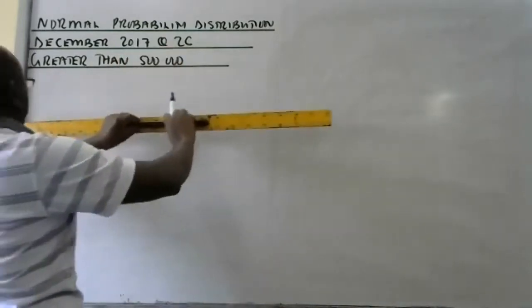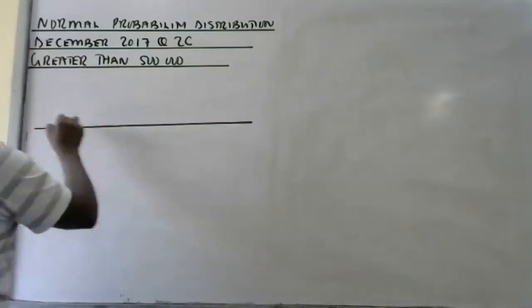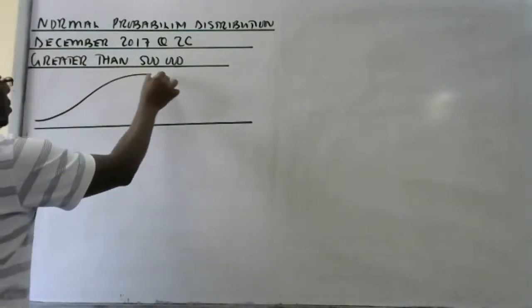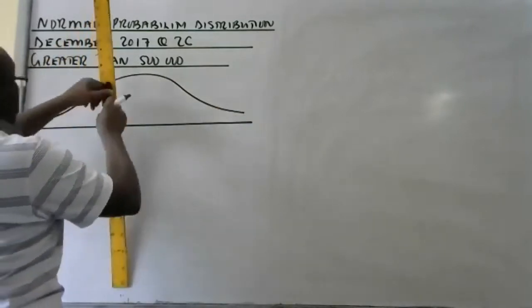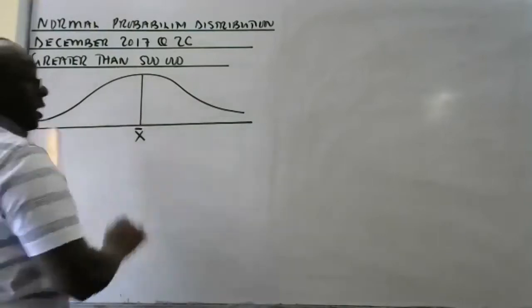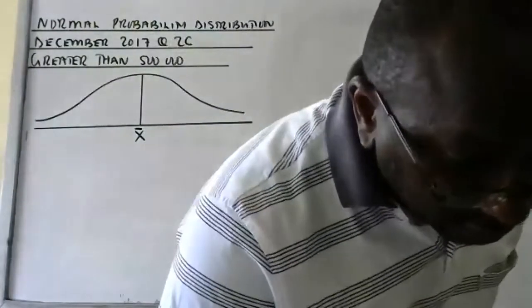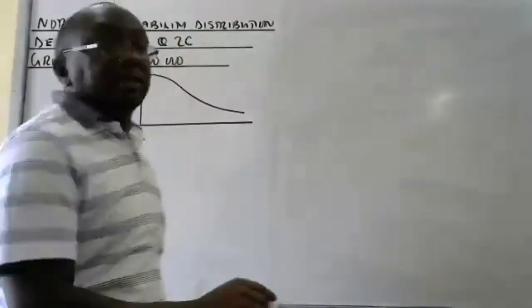So once again, we draw the normal curve. This is the mean here, and the mean, we are told, was 980,000.